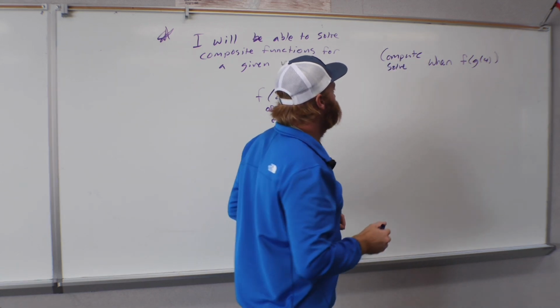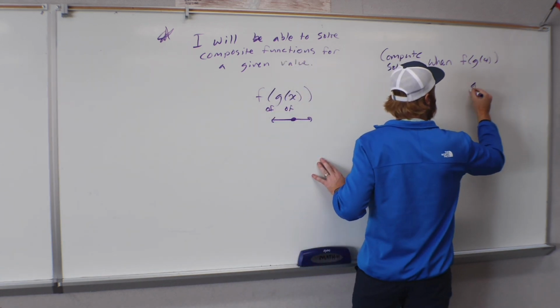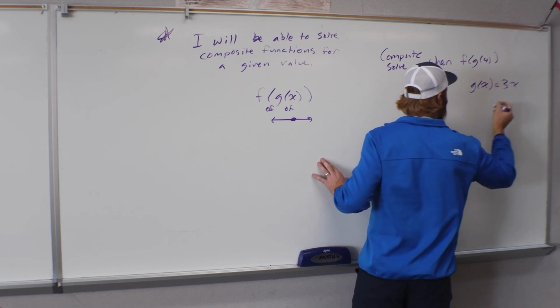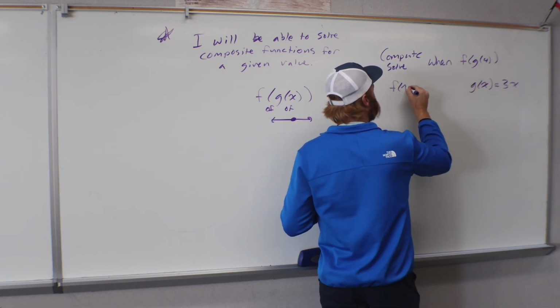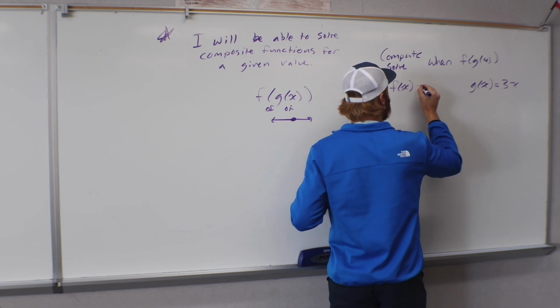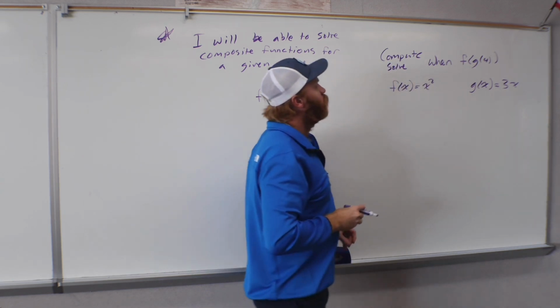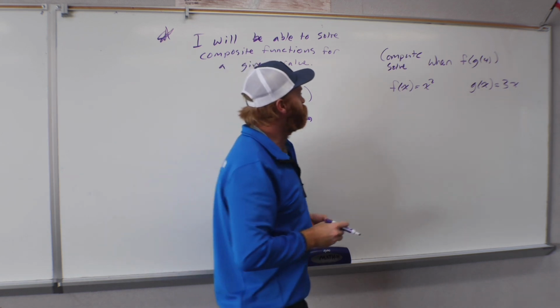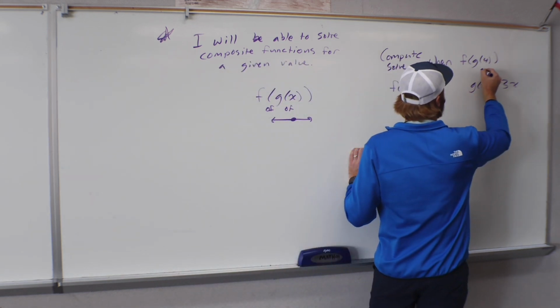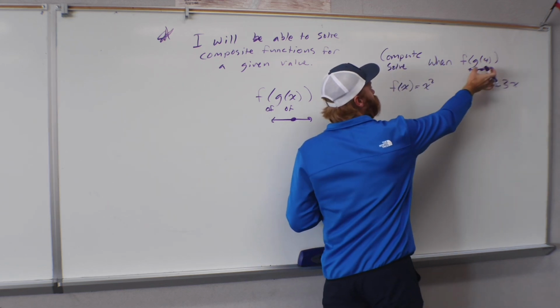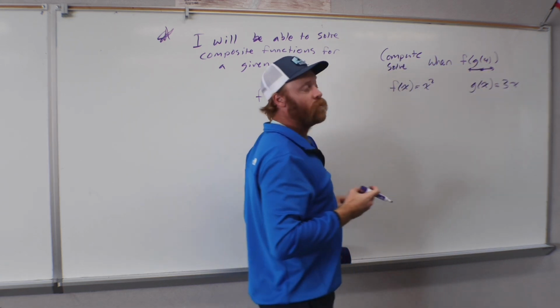Maybe our functions are going to be something like g of x equals 3x, and maybe our f of x is going to be x squared. So again, thinking about that picture, we're going to start from the center and work our way out. So the first function that we have in the center is our g of 4.